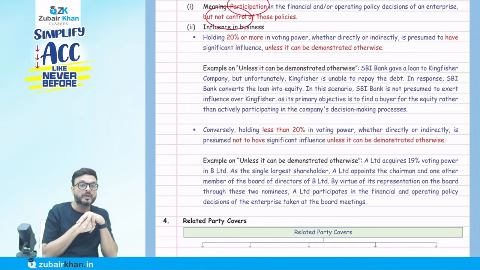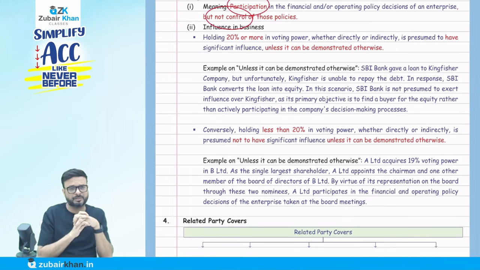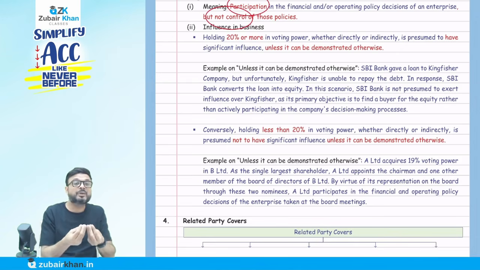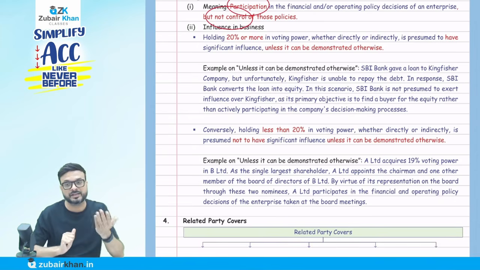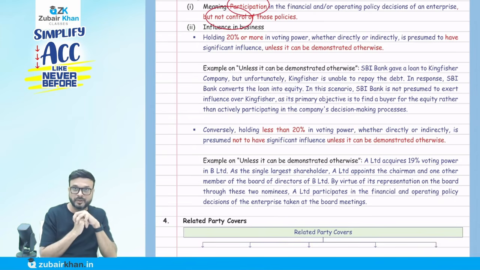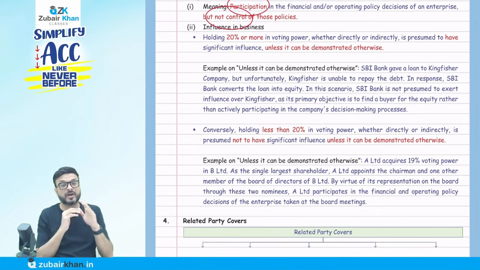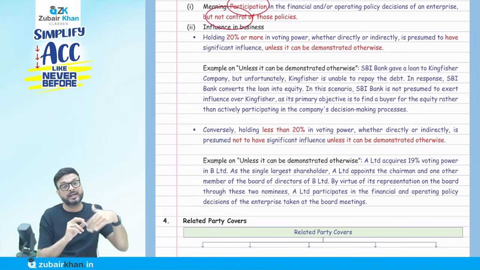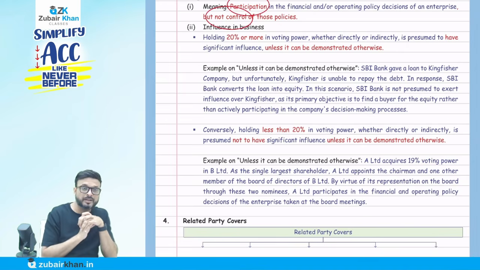No. I'm saying I participate, but I don't have an ultimate control on them. Okay. But when I say that I have an influence, they say if I hold 20% or more than that, it generally presumes that I have significant influence on them.